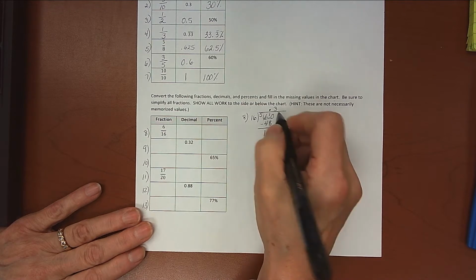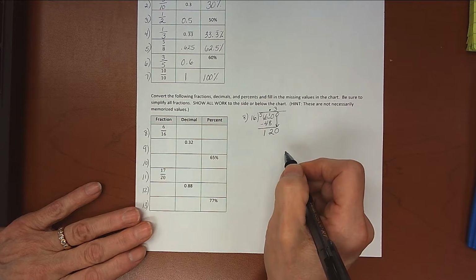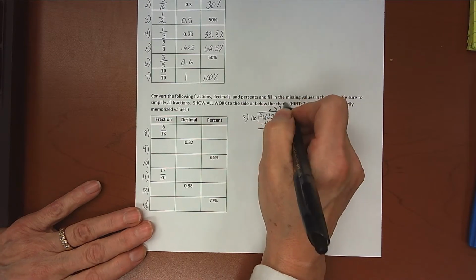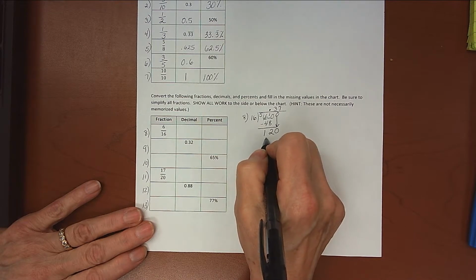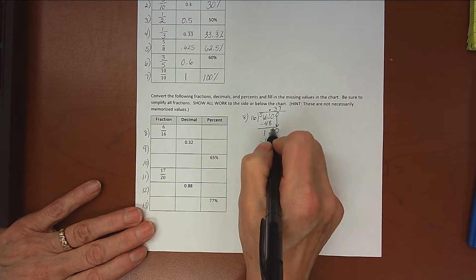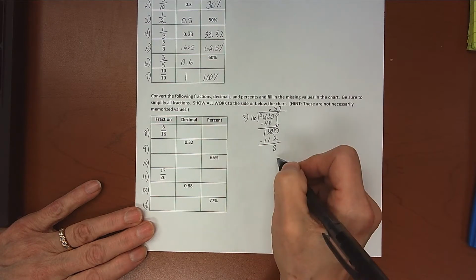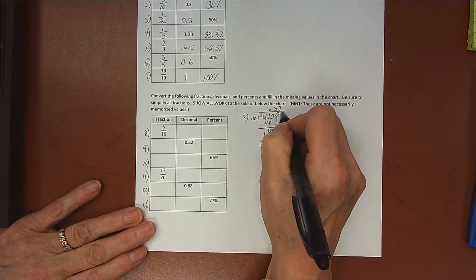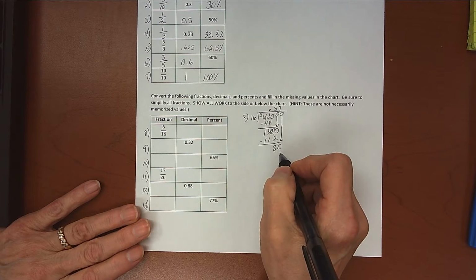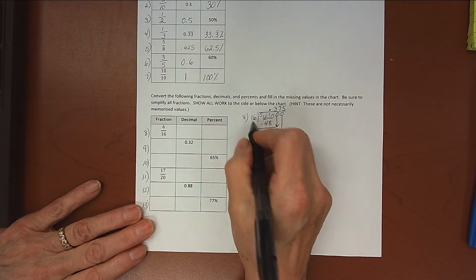We're not done yet, so we add a 0 and bring it down. And now we're dividing 16 into 120. It will go in 7 times, and 7 times 16 is 112. We do our subtraction. 10 minus 2 is 8. Still not done, so we add a 0 and bring it down. And 16 divides into 80 evenly 5 times. 5 times 16 is 80.